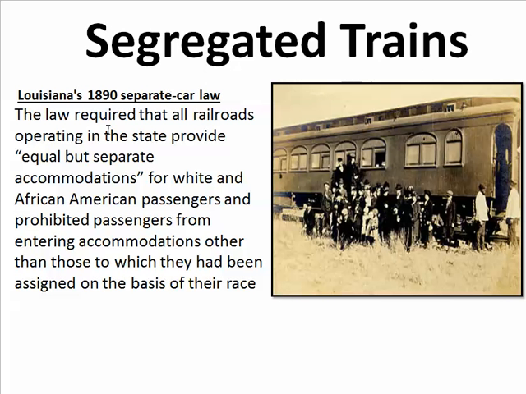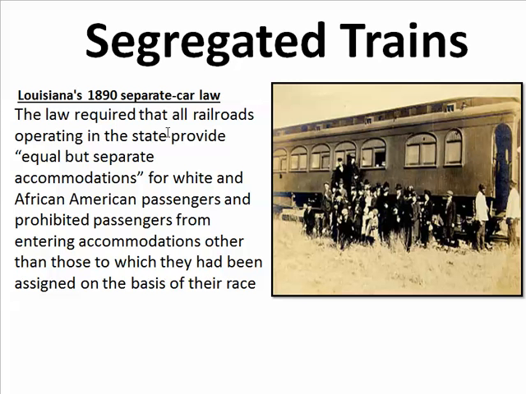Segregated trains. In Louisiana in 1890, a law was passed as a segregation law, or Jim Crow law. These little cars here, we talked about these in the Pullman Palace Car Company. This is probably one of those, and there was a separate one for blacks. Probably wasn't as delicate and in good shape.